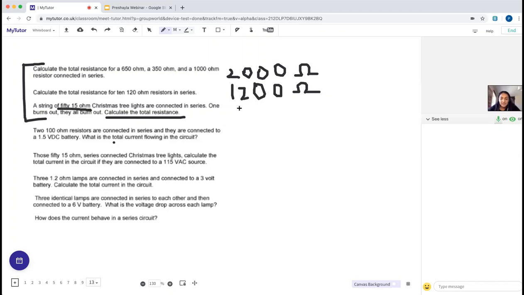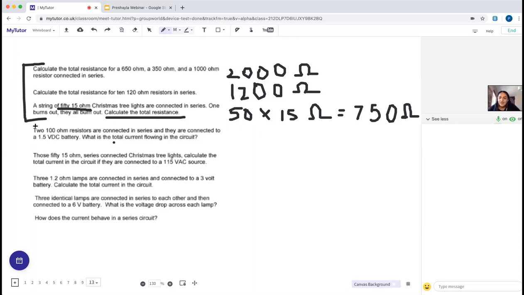So we have 50 times 15 ohms, and 50 times 15 is 750, sorry. 750 ohms. So hopefully you got 2,000, 1,200 and 750 ohms.